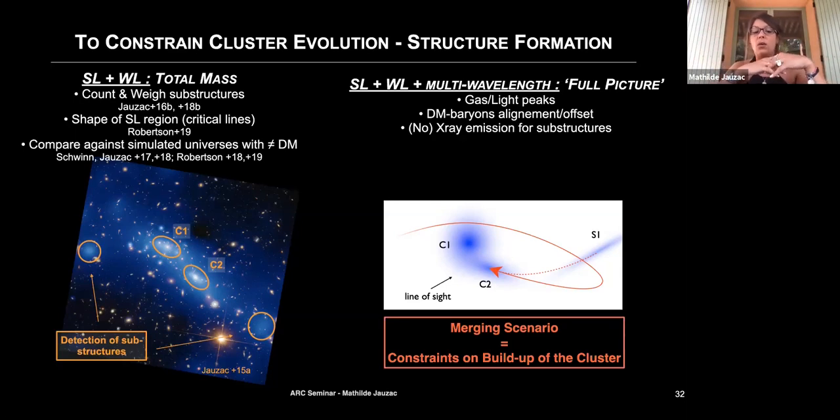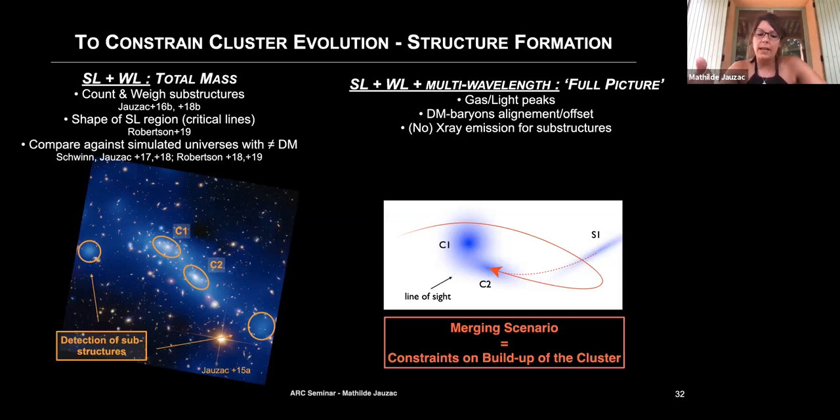It can also be a probe of dark matter nature, because different dark matter models can predict offsets between your dark matter peak and your light or gas peak.